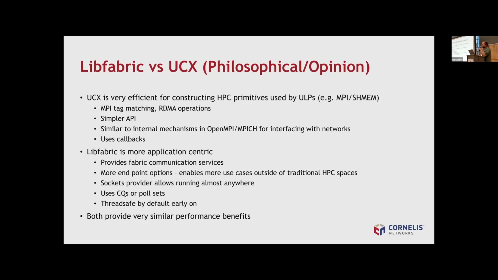I have not looked for a long time, so I'm guessing there's a socket TL for UCX these days. And LibFabric started by being thread safe early on. I know it took some effort, but UCX is thread safe now as well, I'm fairly certain. But at the end of the day, they both provide very similar performance benefits, right? They're just slightly philosophical differences, but really they both do the same thing. There's only so many ways you can move data around, right?